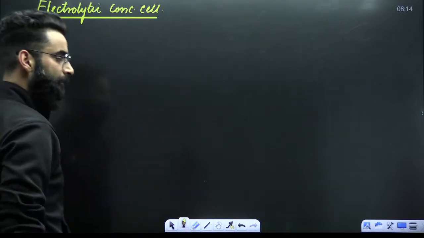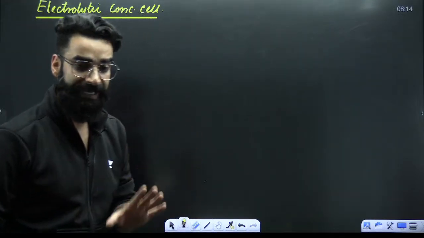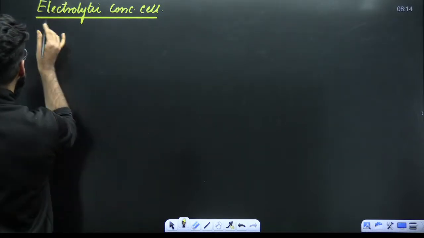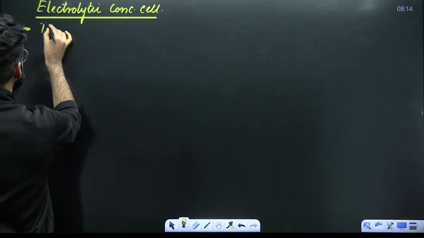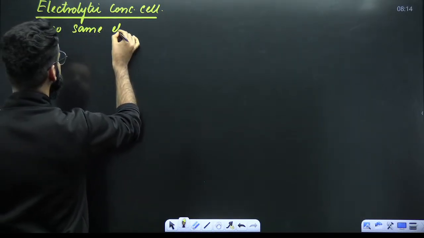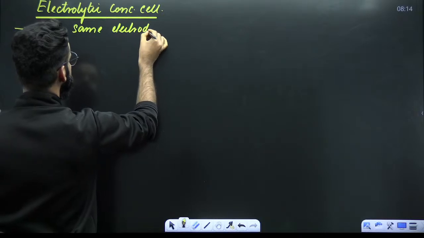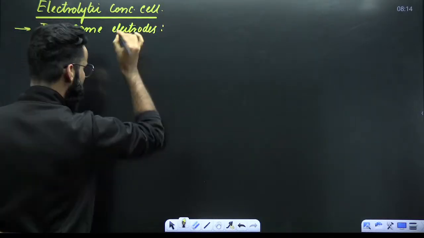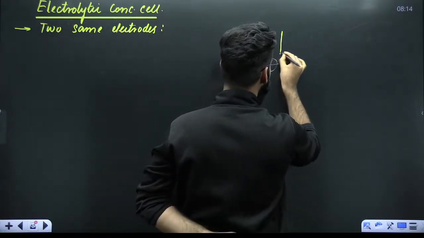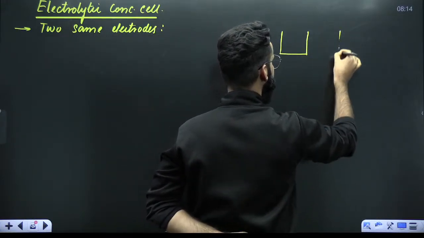Have a look, people. First of all, in case of electrolytic concentration cells, what do I exactly do? I'll be taking two same electrodes. Let me represent it over here. Imagine that this is one container.